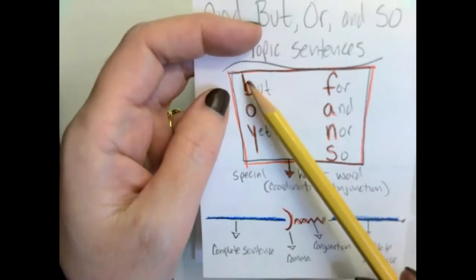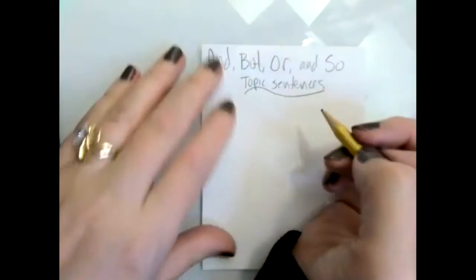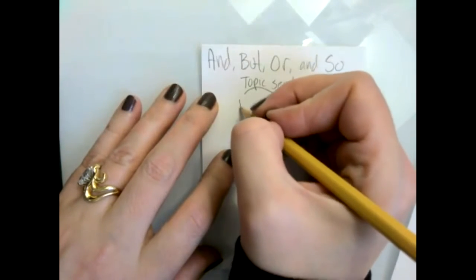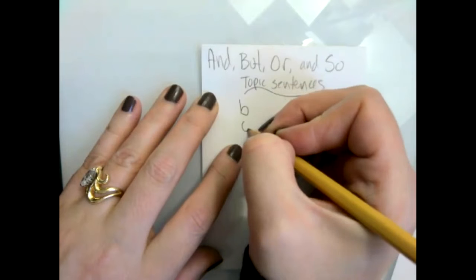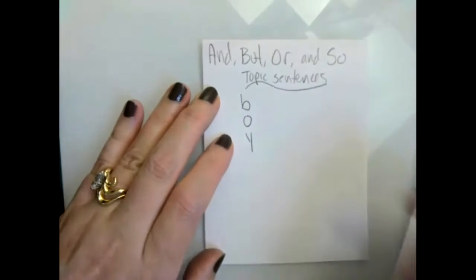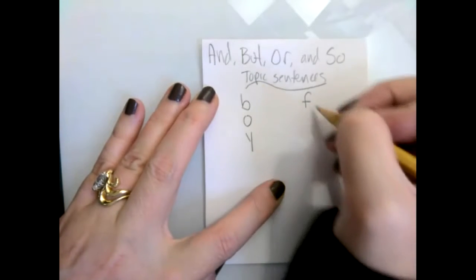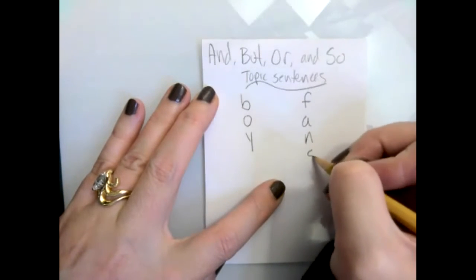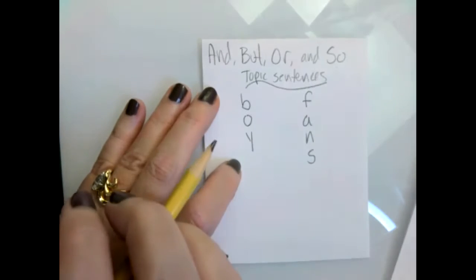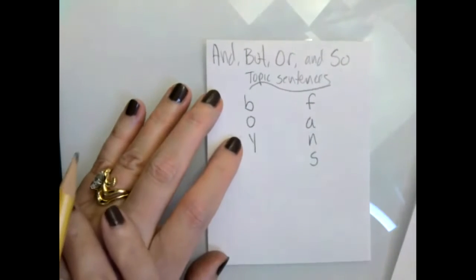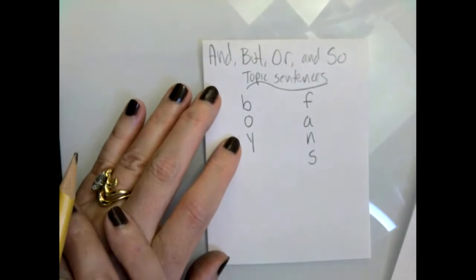We call this boy fans. So if we teach them boy fans, underneath here, we're going to just go ahead and write that. We're going to write these letters big, okay, like that. And then space out over here. See how I left the space on either side? Boy fans, this is a little trick to help us remember coordinating conjunctions.